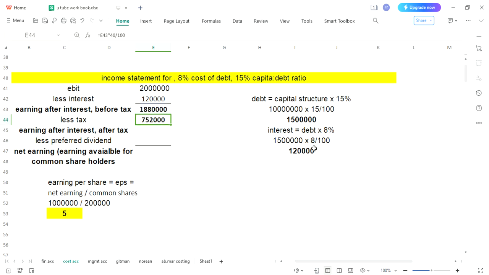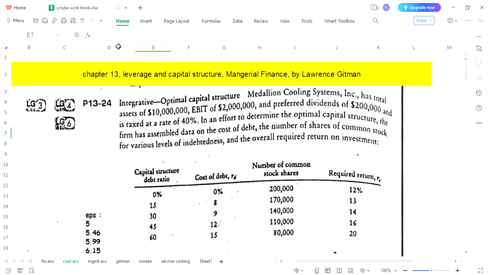So you will multiply it by 40 and divide it by 100. We have got our total tax, and now we can calculate earning after tax simply by subtracting the amount of tax from previous income. Your previous income was 18,80,000, and you will subtract the amount of tax, which is 7,52,000. We have got our earning after tax. And now preferred dividend, it is given in your question.